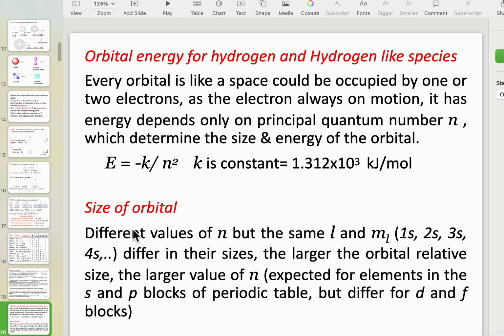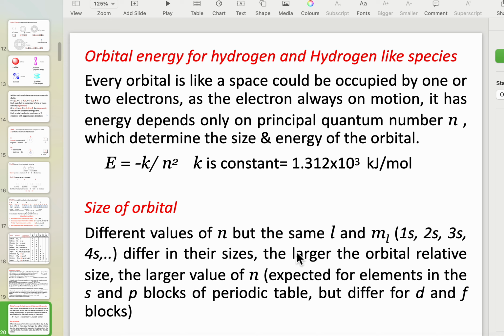So the size of orbital: different values of n, but the same L and ML, 1s, 2s, 3s, 4s, and so on, differ in their sizes. Of course, because the main shell determines the size. If 1s, the size is small. We go to the second one, 2s, the size will be bigger. 3s, size bigger.